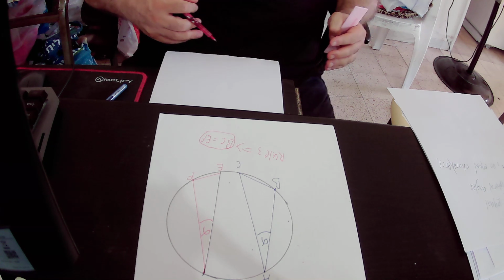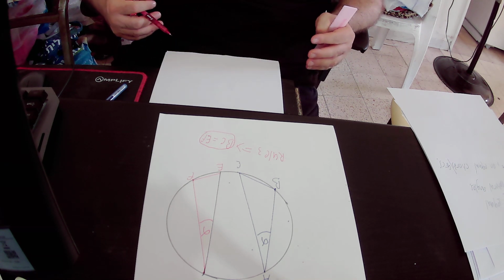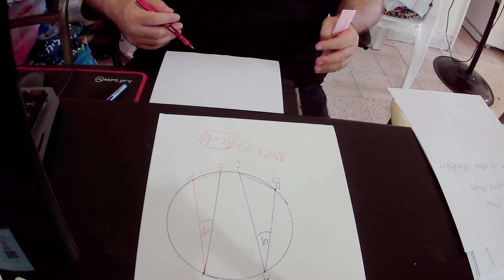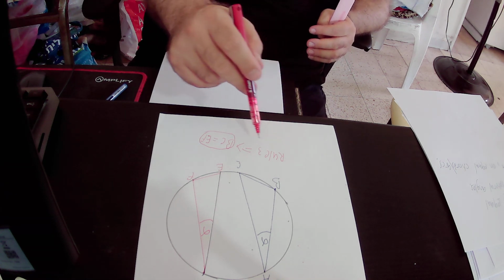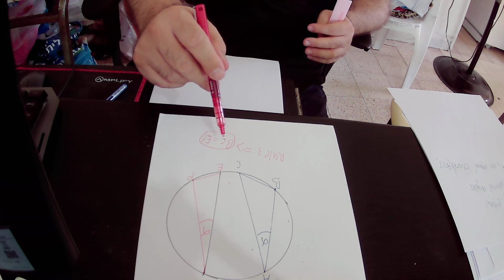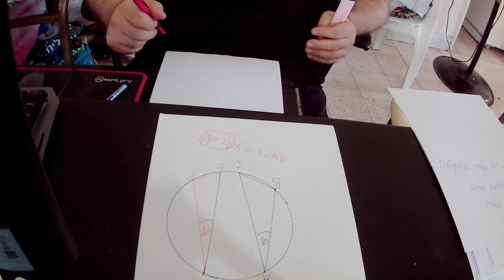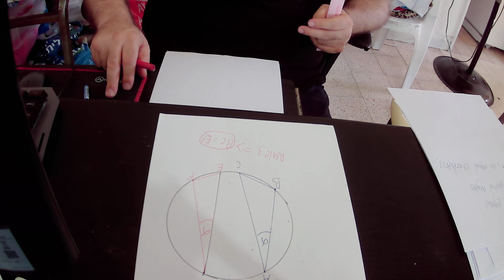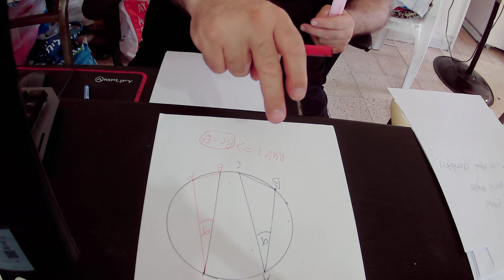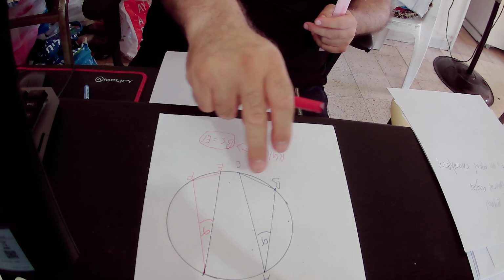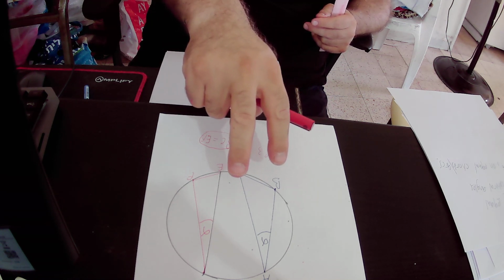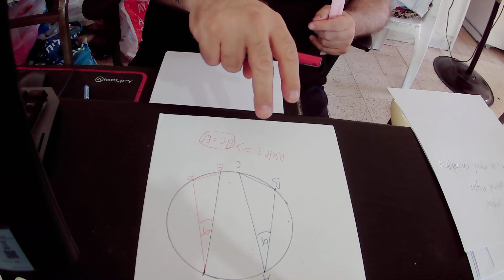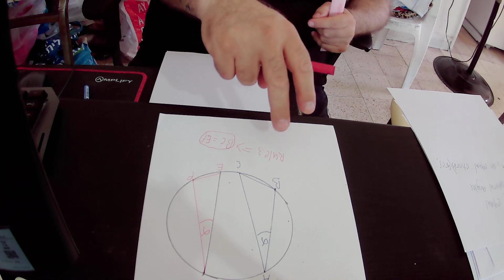They rest on equal chords, and also they rest on equal arcs. We can also say that arc BC equals arc EF. So because those two angles equal each other, they both equal alpha, according to rule number 3, they rest on equal chords.